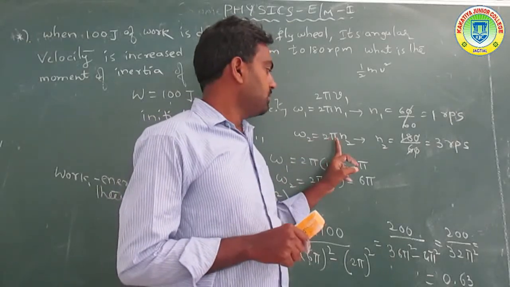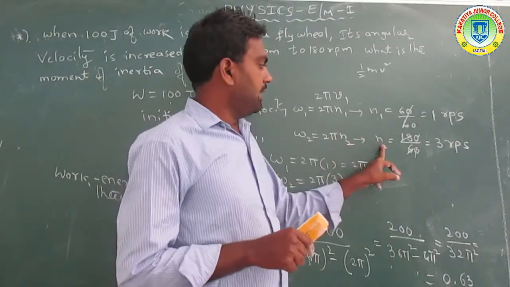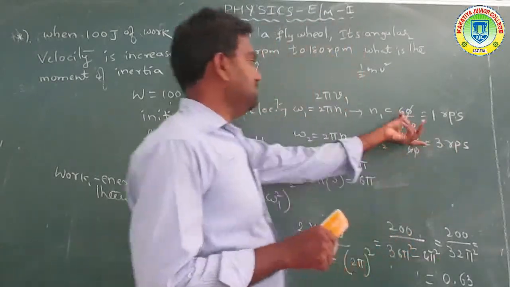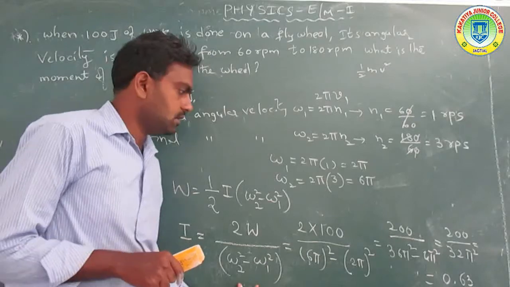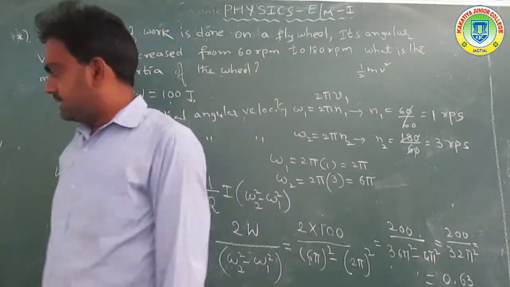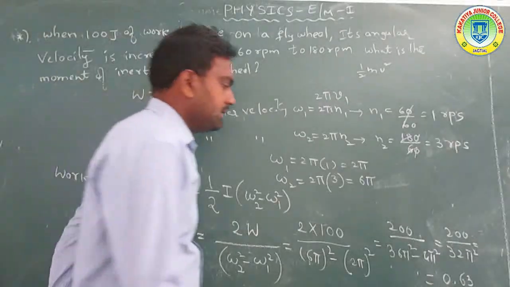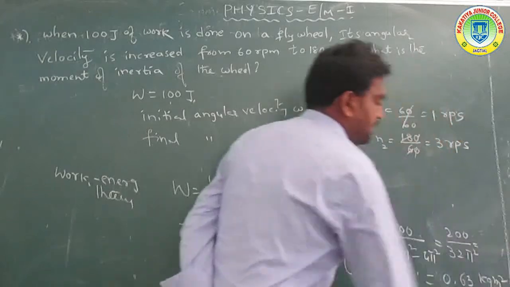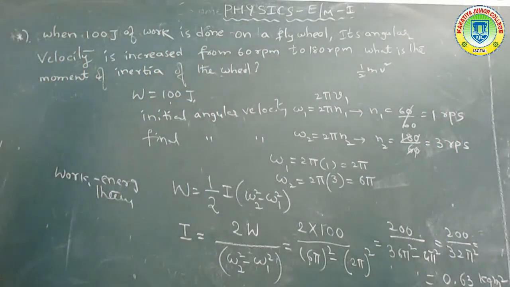Omega 2 is equal to 2 pi N2, where N2 is 180 by 60, 3 RPS. Substituting these two values in the equation, we get the moment of inertia 0.63. The unit is kg meter square. Got it?